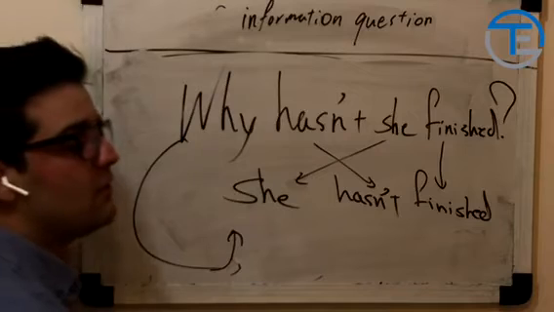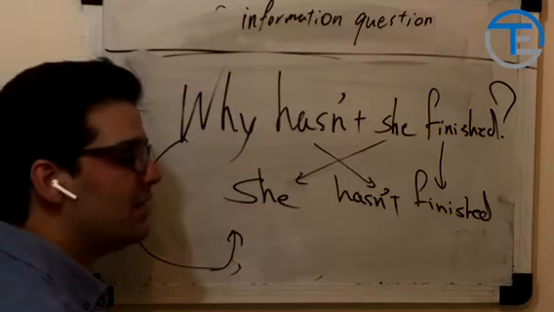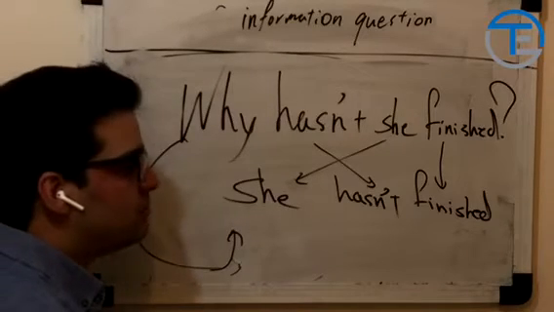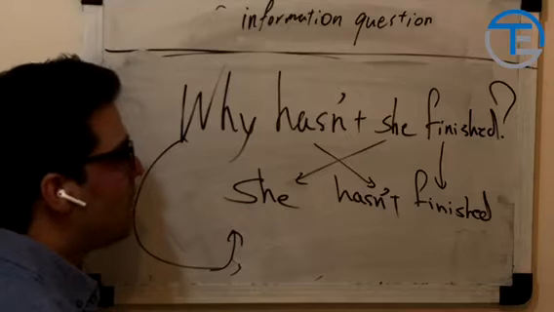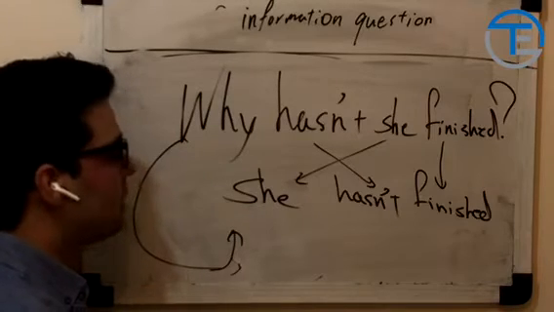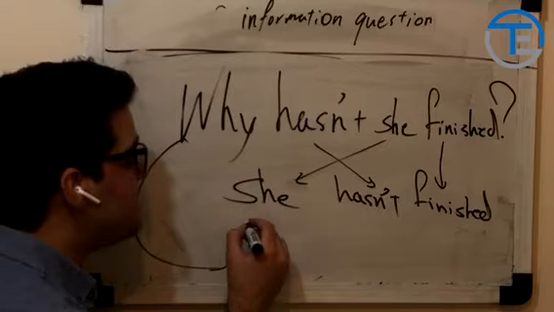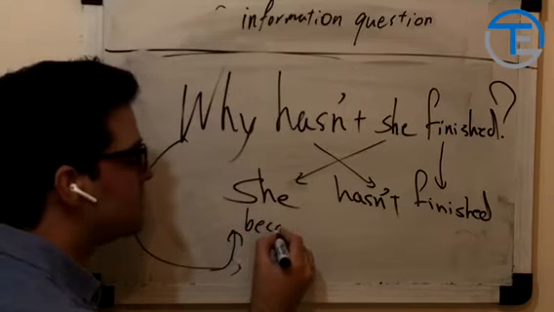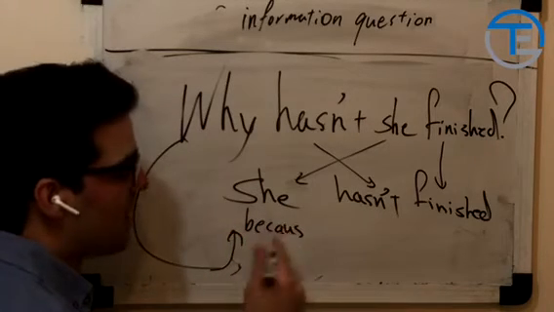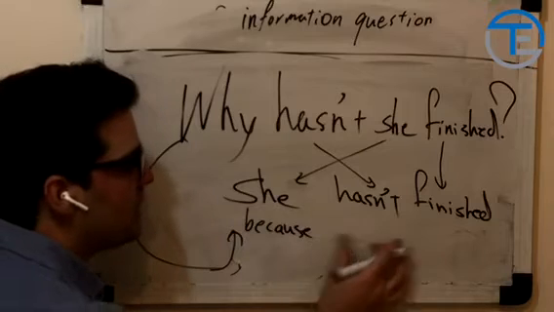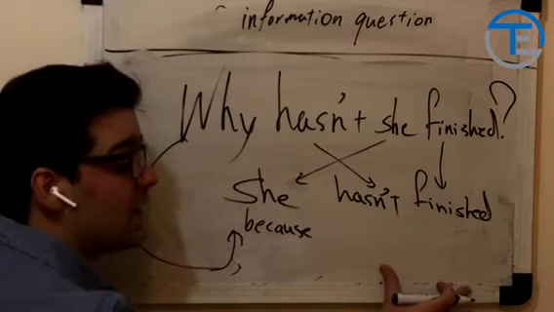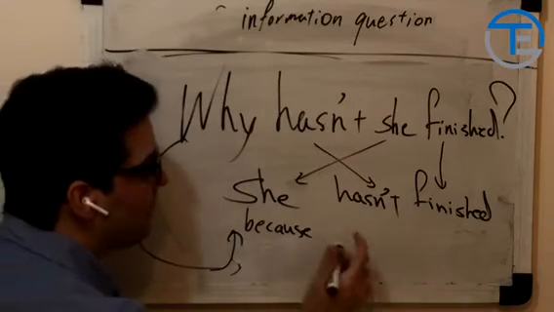For why, when you want to answer, you have to write a reason, or maybe more than one reason. But you can start with because. Because, now write your question here and write your actual reason.